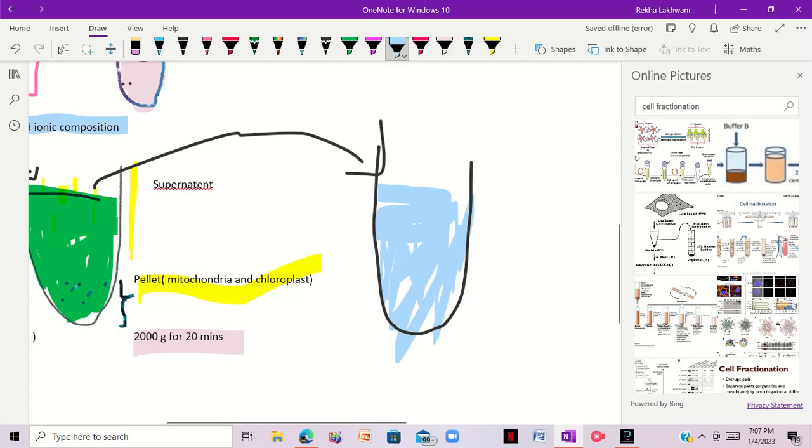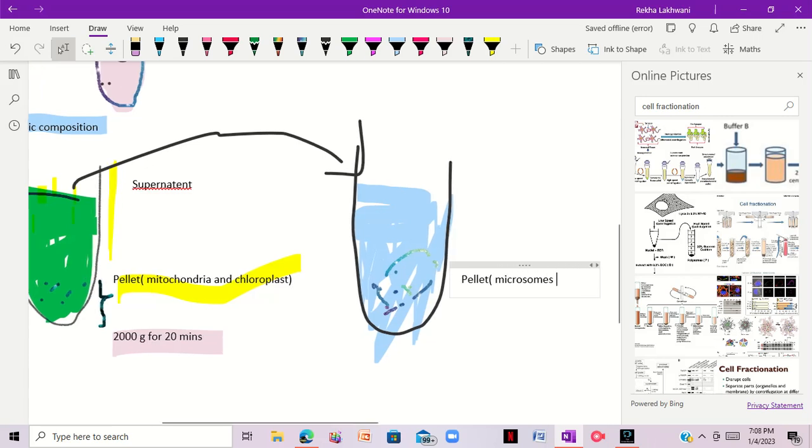Consider this. Now what will happen over here? The heavy objects will settle down at the bottom, and it will again be known as the pellet. This time this pellet will contain microsomes. Now what are microsomes?